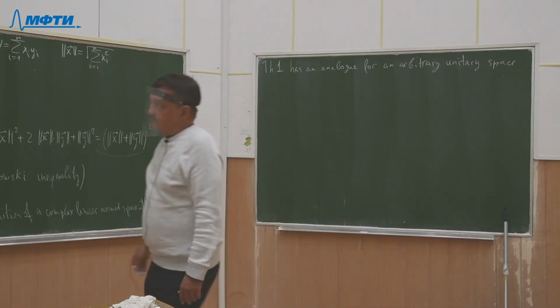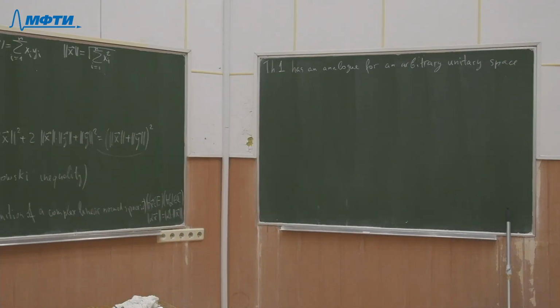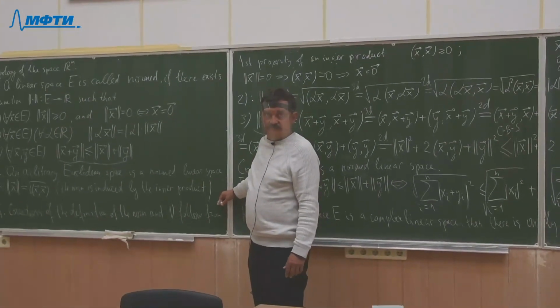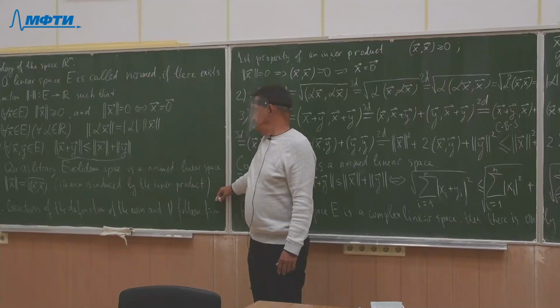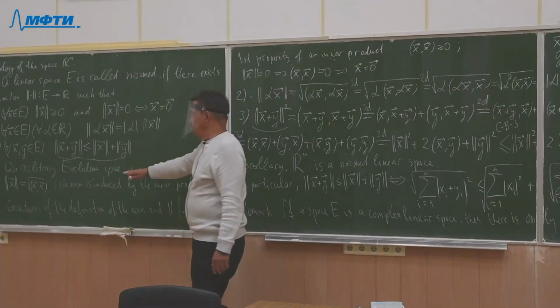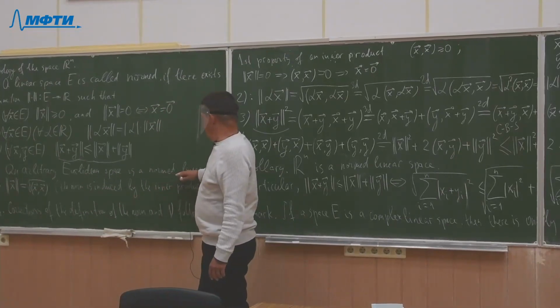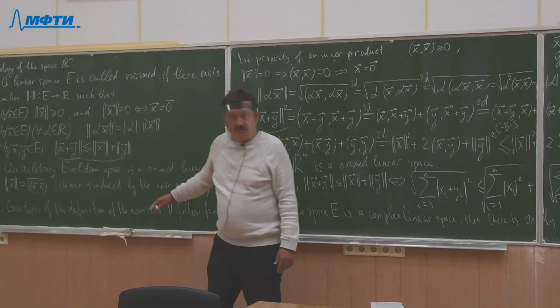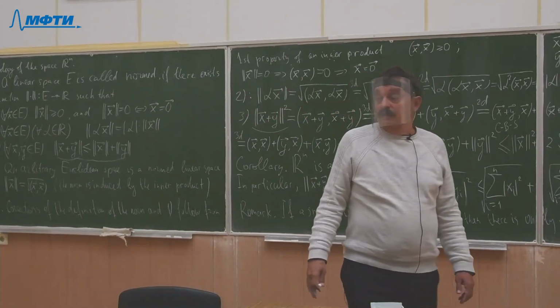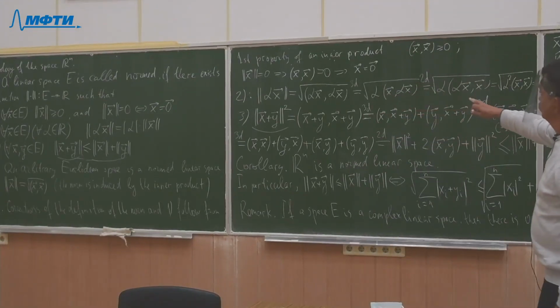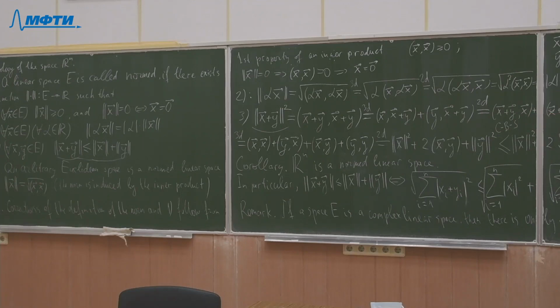And look what we need to change. In the formulation, nothing, right? Except for unitary space, normed linear complex space, right? And what is in the proof? Look, where we'll need to change something.